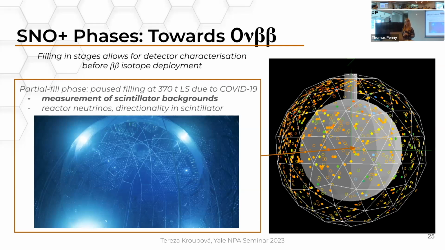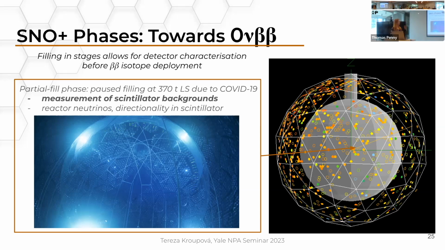Okay, moving on. So removing water, putting scintillator in, pandemic happens. So we also got this partial scintillator fill phase in which you can see on this picture that you have an interface between the water on the bottom and the scintillator on the top.